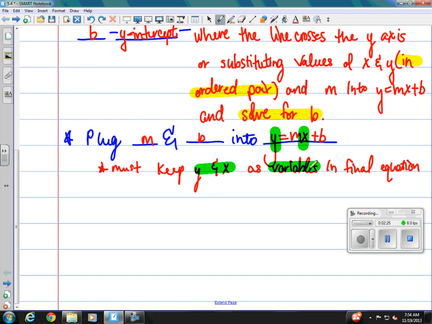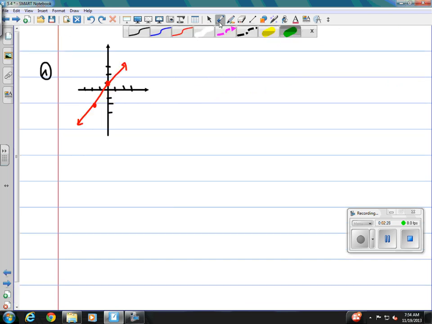So let's see our first example. It's from a graph. So example 1, it gives us this graph right here, and we're supposed to write a linear equation for it. So the first thing we always need to find is our slope. And we say we find slope from a graph using m equals rise over run.